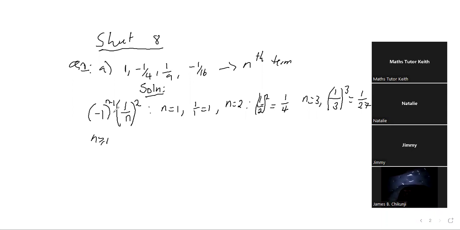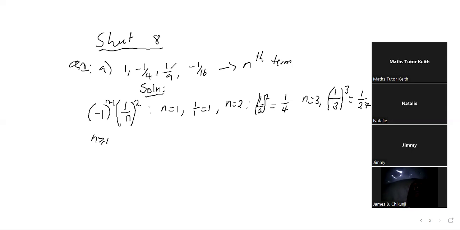The next one, you have 2. 2 minus 1, you get 1. So then the second one will have 2 minus 1, which is 1. -1 to the power 1, that is -1. And then 1 over n, we have 2 there squared, you get 4.